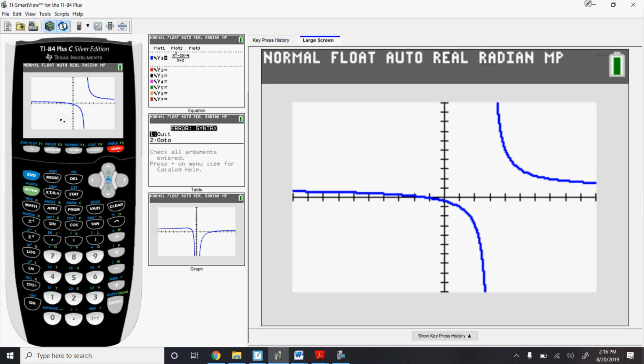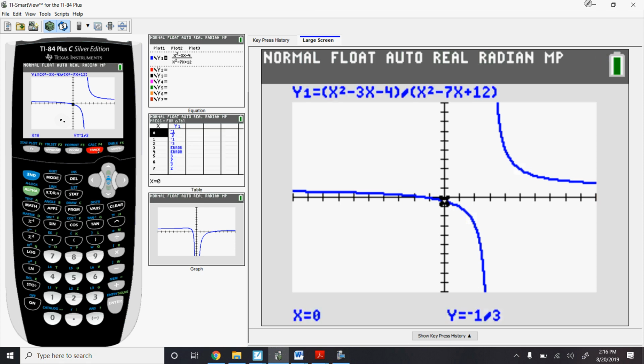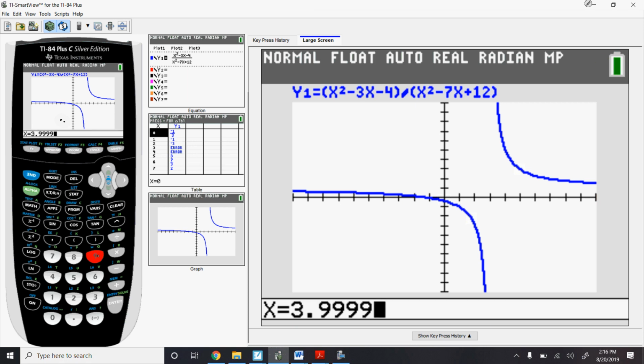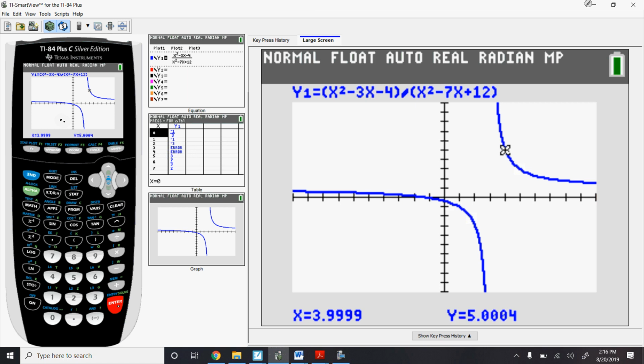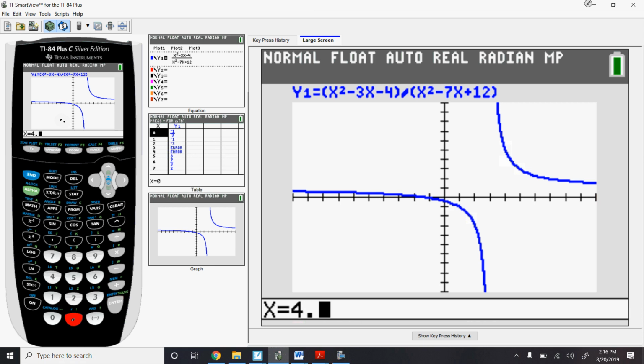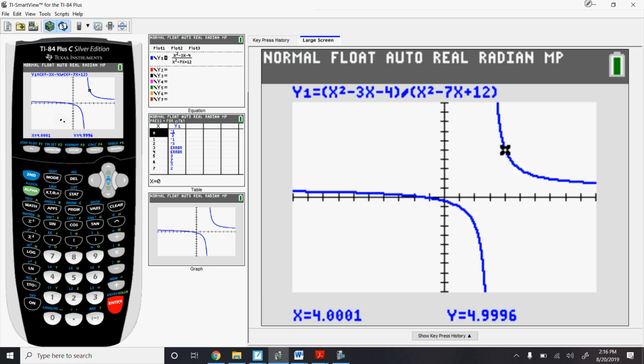When I trace 4, it should say that it's undefined, which it is. But I want to chase numbers right around 4. So let's try 3.99, and hopefully I'm close to 5. We'll take a look, 5.004. Let's try a number just past 4. Let's trace 4.001. Again, I'm right around 5. So I confirmed it through my graph.